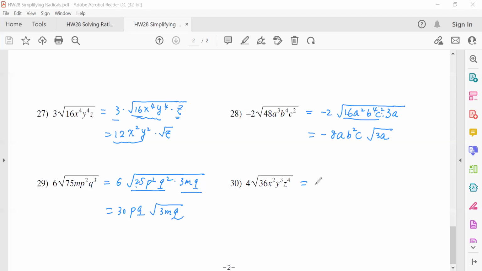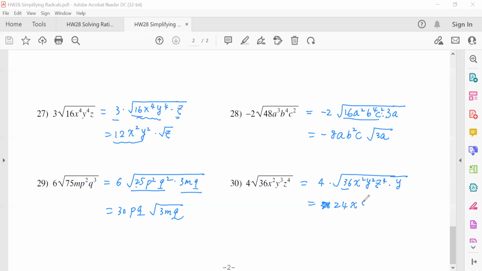All right. See the last one, 4. We know the 36 became 6 squared, right? x squared, y squared, and an additional y here, z to the power 4. Okay, so here is 9. 4 times 9, still go back to 36. I'm sorry. Here's 6. 4 times 6 is 24, right?